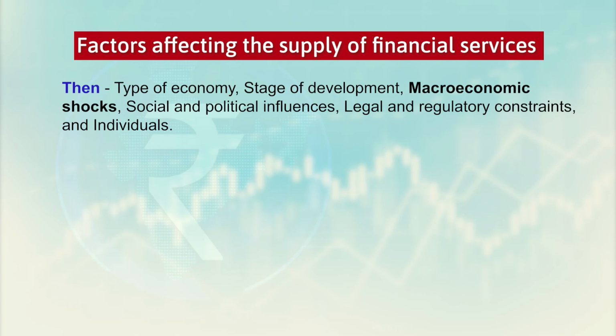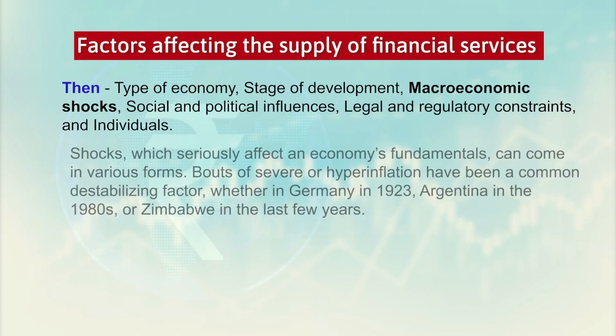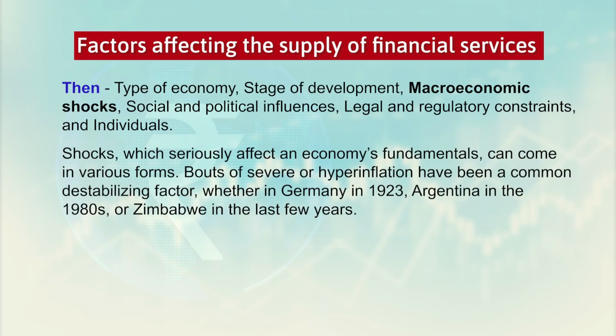Next, we have the concept of macroeconomic shocks. Macroeconomic shocks were another very important factor that affected the supply of financial services. Now, what do I mean by this? Macroeconomic shocks can seriously affect an economy's fundamentals.